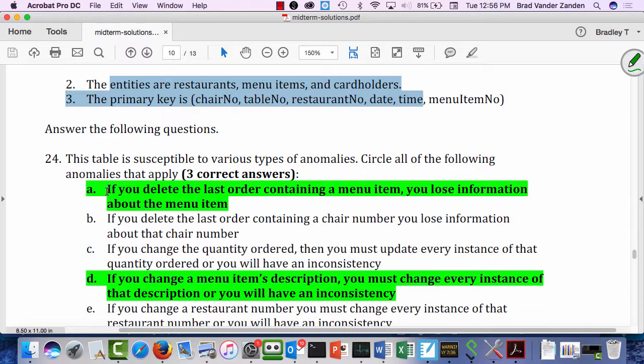And menu item was, of the two choices you basically had for delete, the only entity. B, an order is not an entity. What do you think an order is? It's a relationship. Okay? So just because you delete the last order, it doesn't matter. And a chair is not an entity. That's why I specifically told you what the entities were. Chair is not an entity.